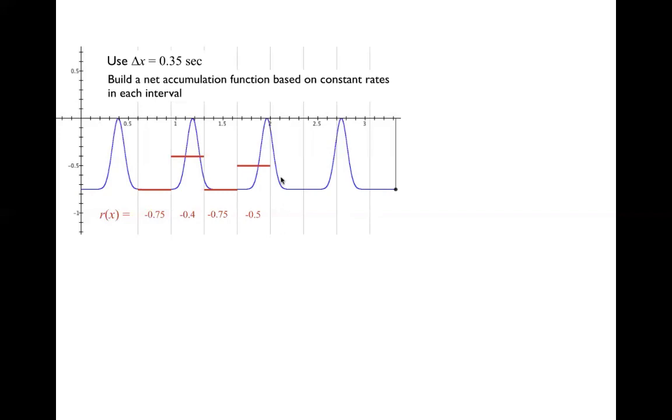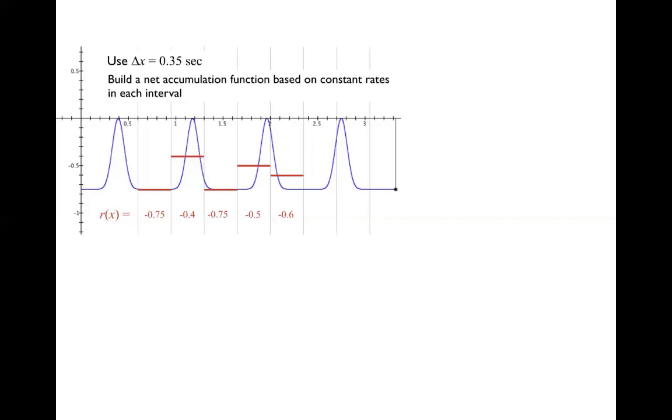In this one, again, it takes all the values from 0 back down to our negative 0.75, but then has an even longer span here at negative 0.75. So I said even a little bit lower than that, negative 0.6. So what am I doing? I'm creating a new rate function from the old one that's trying to be like the old one, but is made up of constant rates.